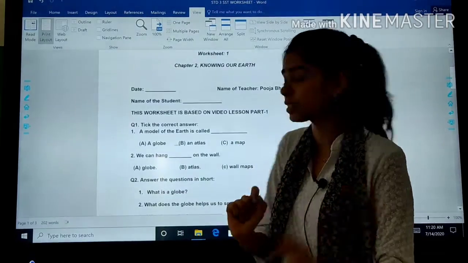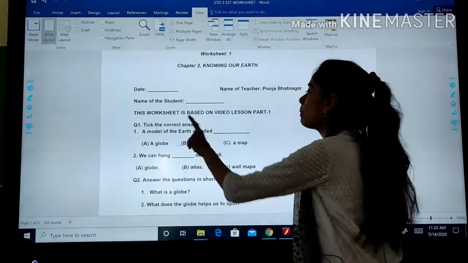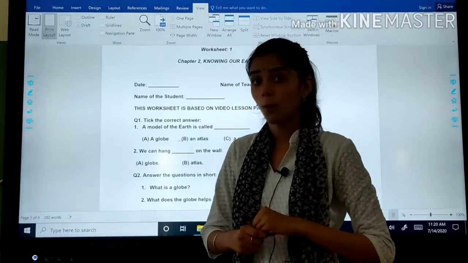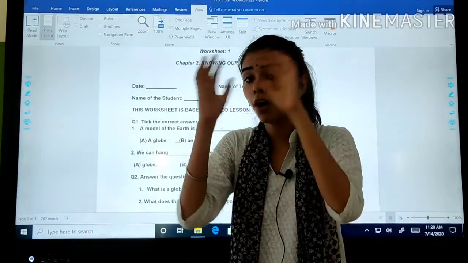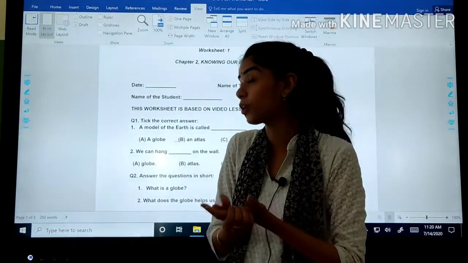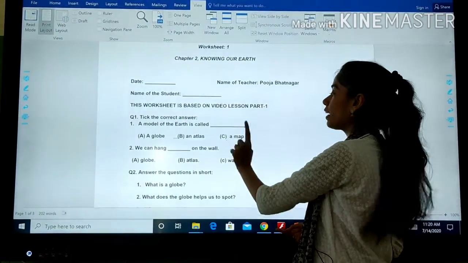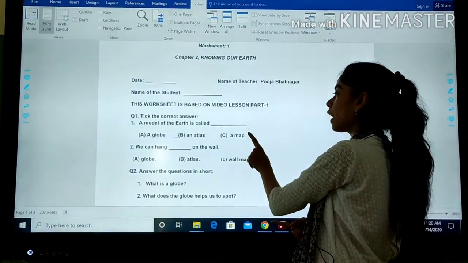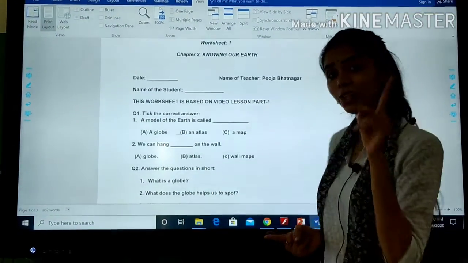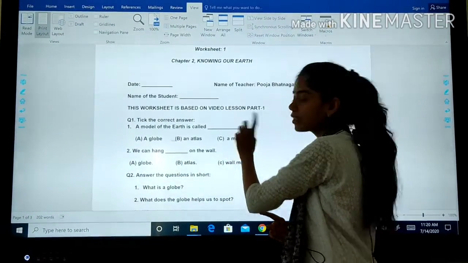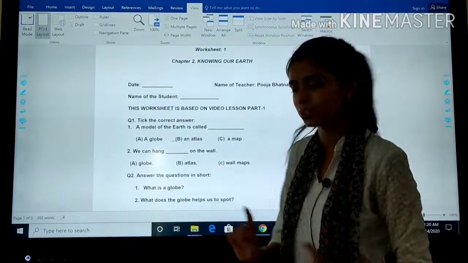Take the correct answer. First one, a model of the earth is called dash. What is it? Model of the earth. I have shown you also. Is it a globe or an atlas or a map? Now you have to answer it. Okay, so you write the question and directly write the correct option.